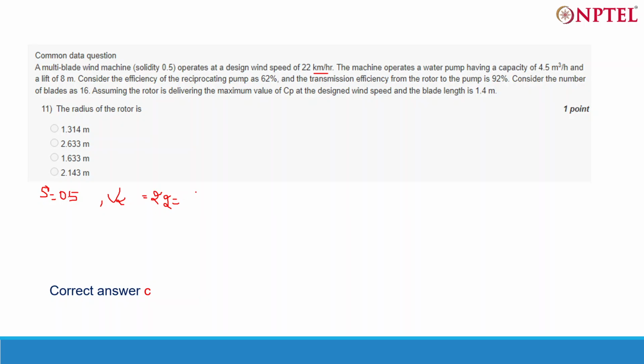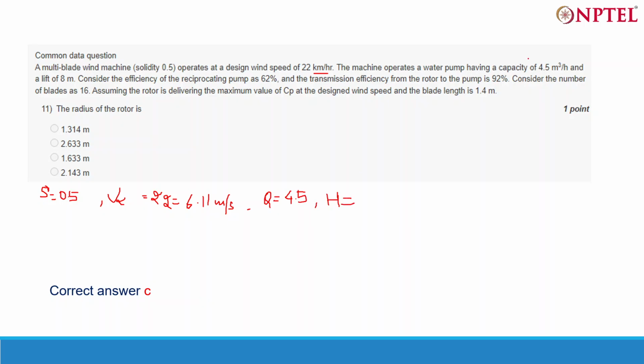So this comes out to be 6.1 or something meter per second. Okay, and then you have the Q value equal to 4.5, that is given.